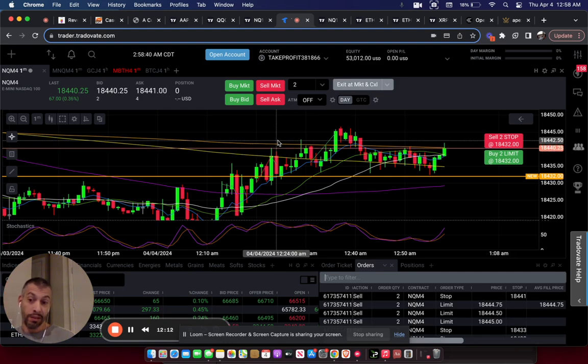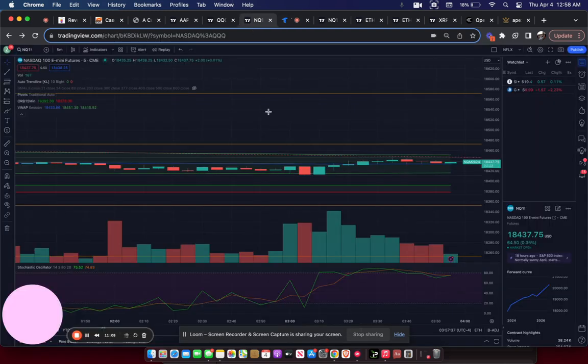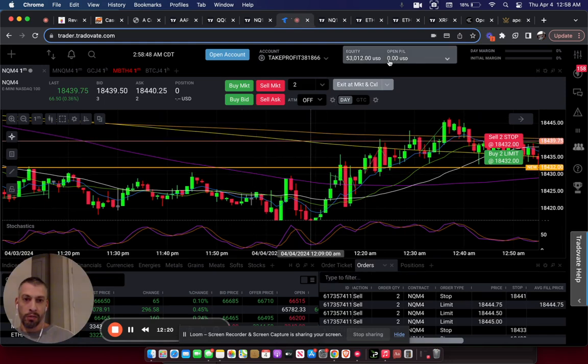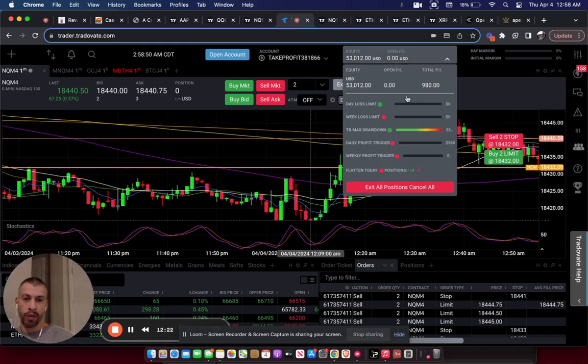Now I'm seeing this VWAP, and that's all I based these trades on. It's moving around enough. Sometimes there's no volume, but it's moving around just enough where I was able to get where I needed to go.